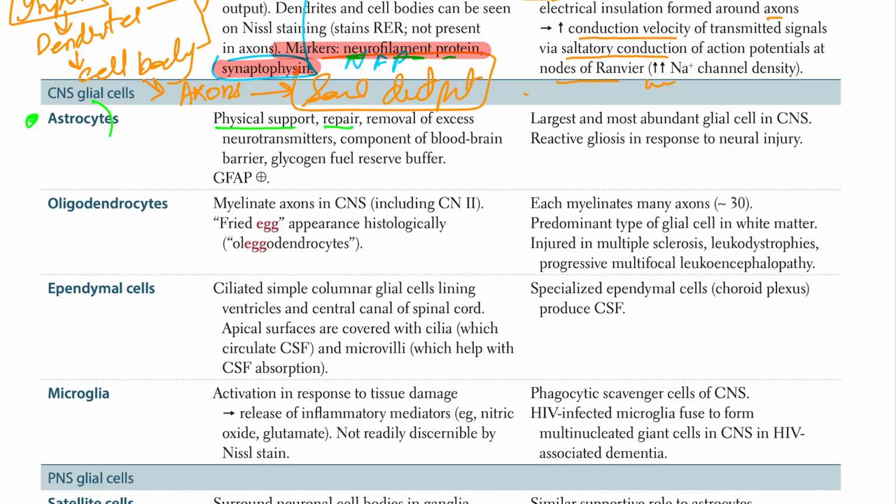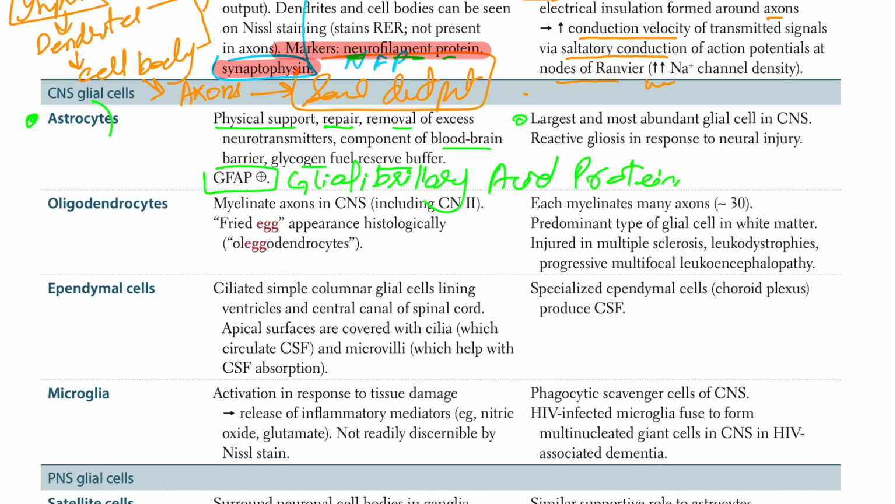They provide repair, removal of excess neurotransmitters, component of the BBB, which is the blood-brain barrier, glycogen fuel reserve buffer, high yield GFAP positive, which is glial fibrillary acidic protein. That's the GFAP positive, okay?